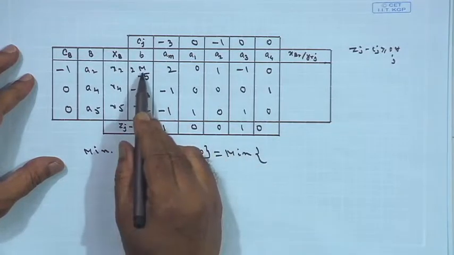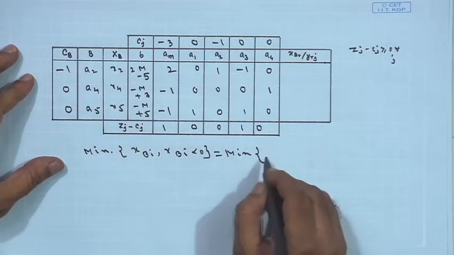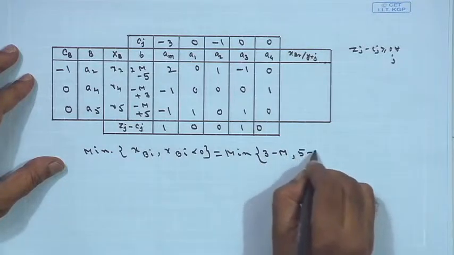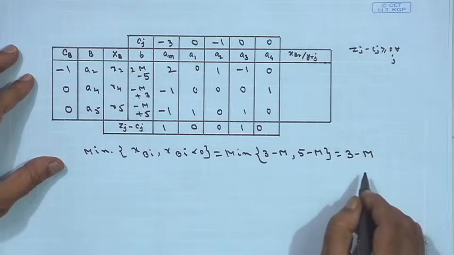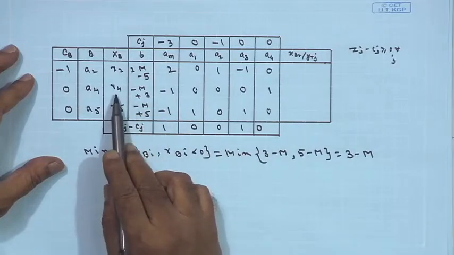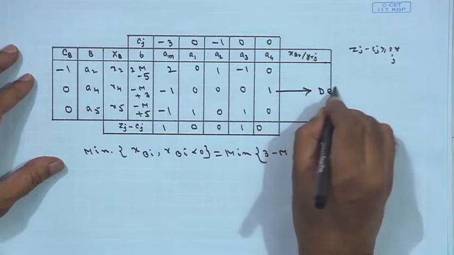This will be now positive, 2M minus 5, because M is very large. So, you have only 3 things: 3 minus M and this is 5 minus M. So, the minimum is 3 minus M, and 3 minus M occurs with respect to x4. So, your x4 will depart.